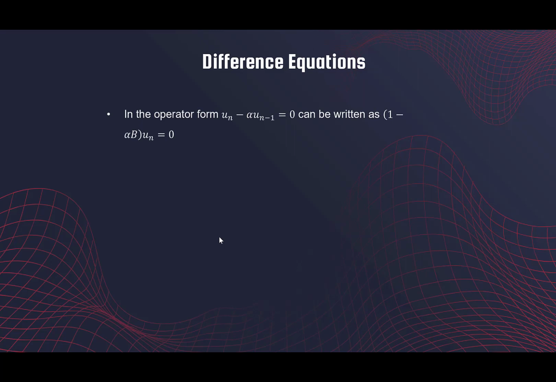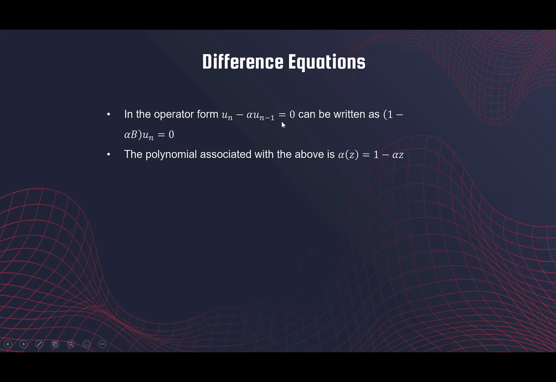So in the operator form, this un minus alpha un minus 1 can be written in this particular fashion using the backshift operator. The polynomial associated with this operator is 1 minus alpha z, right? For n minus 1, it's z.